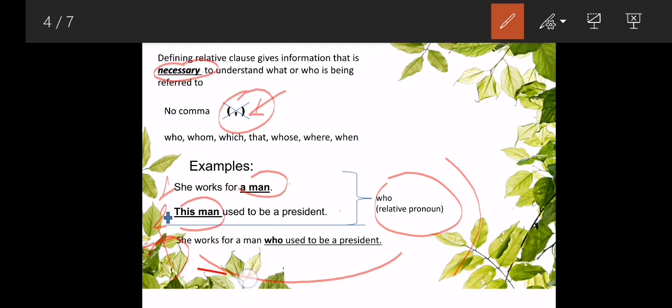So here is our last sentence. She works for a man who used to be a president. As I said before, who is our relative pronoun, and who used to be a president, this part is our defining relative clause. And we don't need to write man twice here, right?